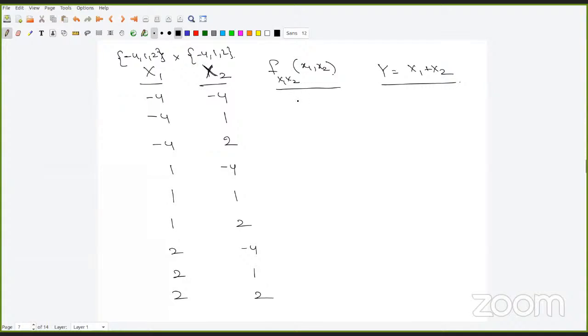So what is the probability that x1 takes small x1 and x2 takes small x2 at the same time? That is the joint PMF. What is the probability that x1 takes -4 and x2 takes -4? Here x1 and x2 are independent of each other.